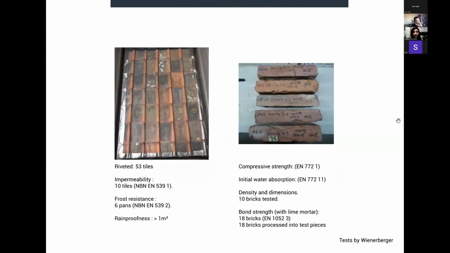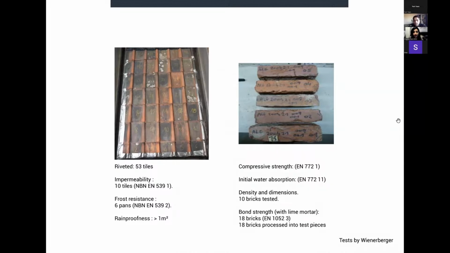Once the bricks and the tiles were recuperated, the next step was to test if we can really use them for the new construction. So these materials were marked and sent for testing to Wienerberger to test the impermeability, compressive strength and density, and the durability of the tiles and the bricks.